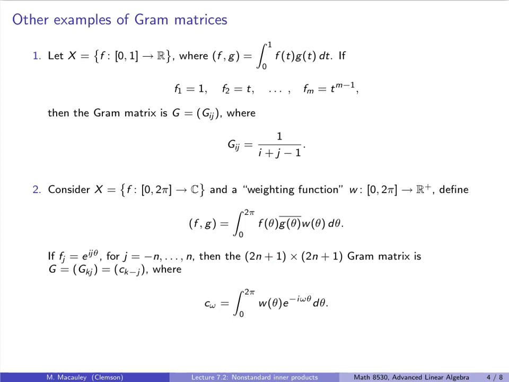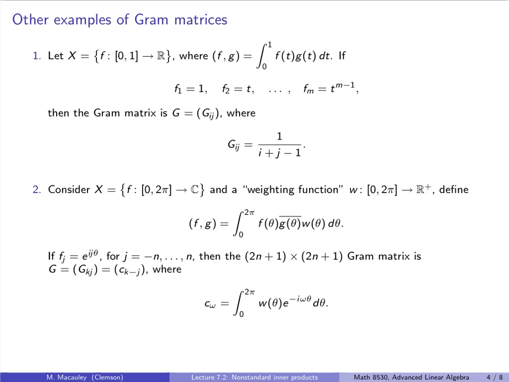And I don't want to call the entries G_ij again because i is now the square root of negative 1. So let me call it G_kj. And so the kjth entry is a Fourier coefficient, namely c_(k minus j).